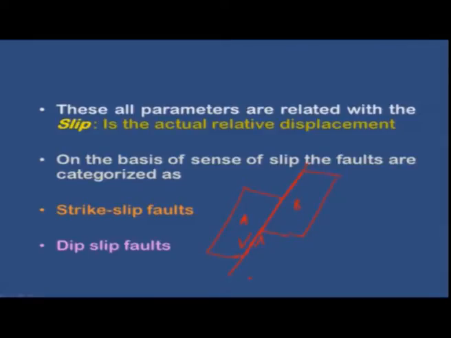Along with this, we will also come across slip along the dip of the fault plane. Just as we talked about bedding planes, we also have the fault plane along which the displacement will take place. Based on this we can classify faults as either strike slip or dip slip faults.